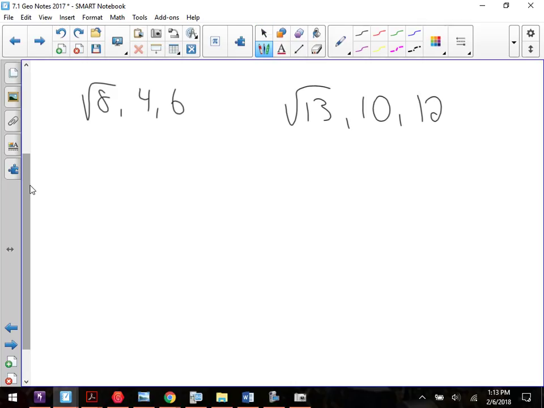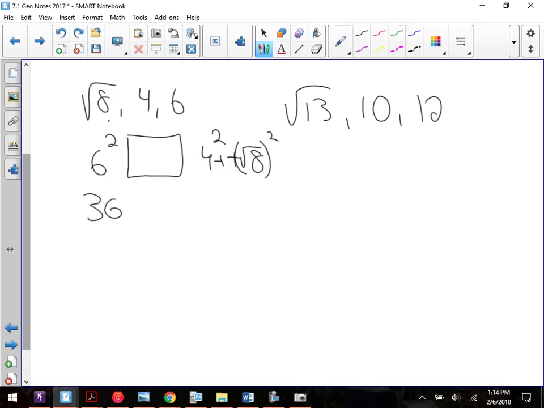So, square root of 8, is that bigger or smaller than 6? So I check it, 6 squared versus 4 squared, it's square root of 8 squared. What's 6 squared? 36. 4 squared? 16.